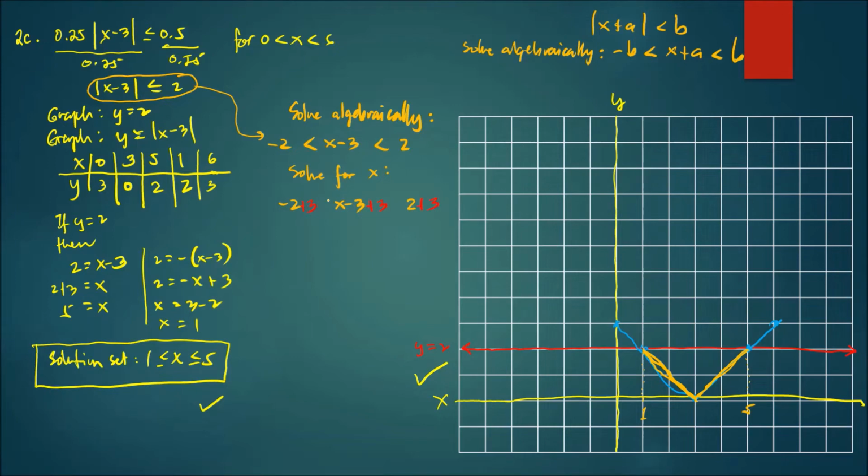Don't forget to write the inequalities. So this is now going to be 1, x, 5. Right? Oh, this should be less than or equal. Okay. So that's how we do it algebraically. So you see, the answers are the same.